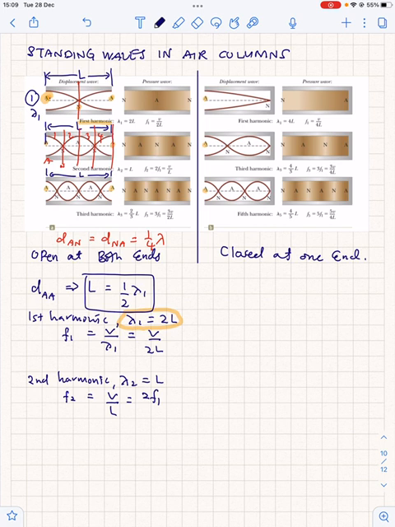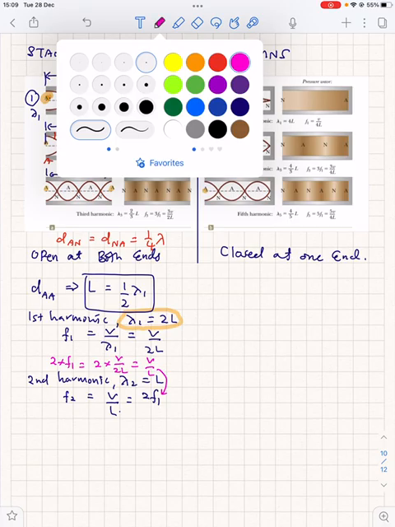Okay, if we multiply the first harmonic by 2, 2 times F1 equals 2 times V over 2L, we will obtain V over L, same as this one. Okay, right?